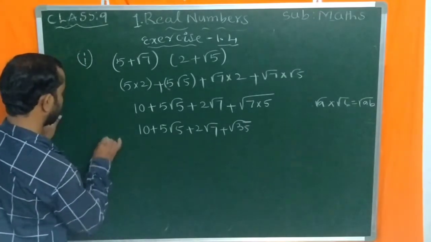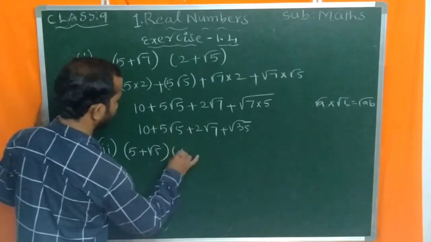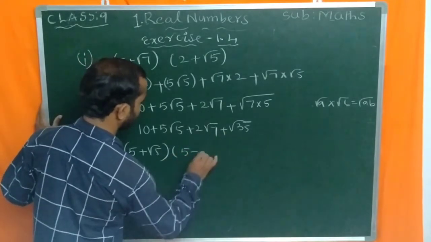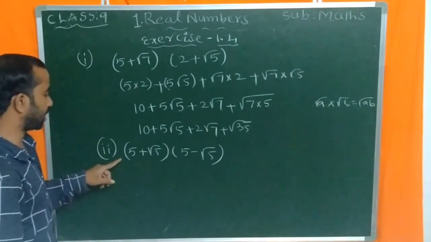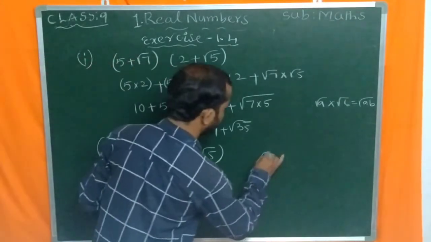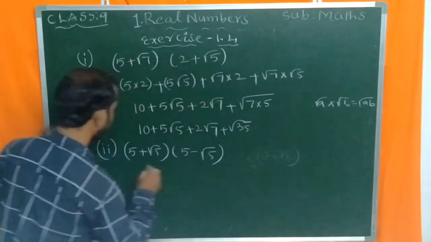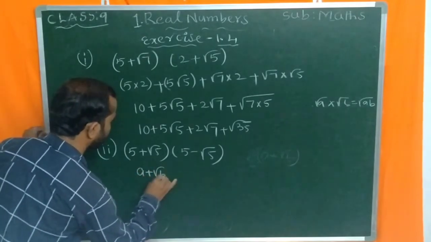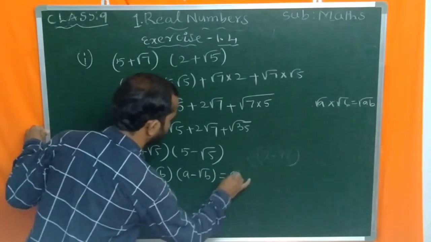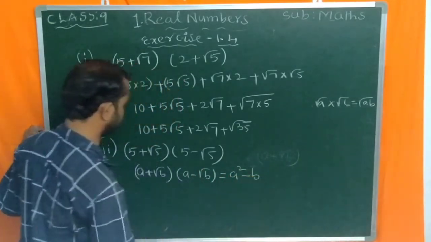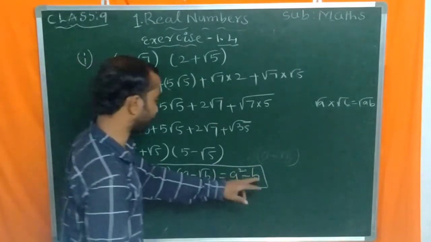Next, the second problem: 5 plus root 5 into 5 minus root 5. This is like (a plus root b) into (a minus root b), which equals a square minus b.